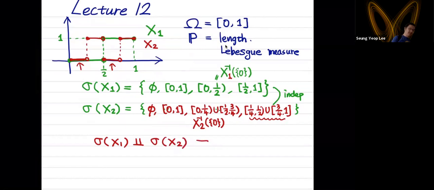And that means x1 is independent of x2. Of course, you have to check this one. How to check this one? You just check all the pairs.